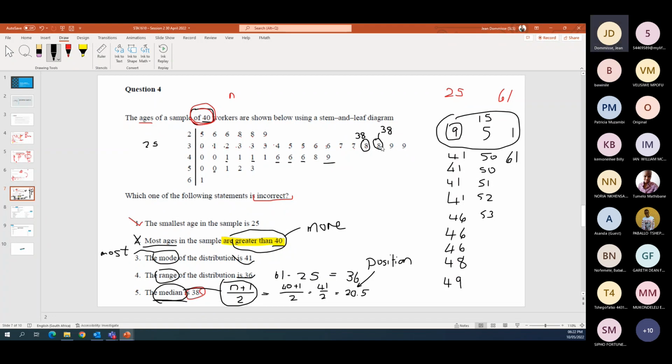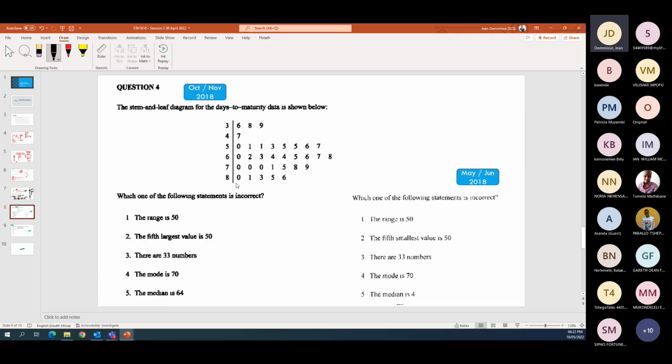Yes. Okay, awesome. What is very interesting about the next two slides is that this was a question in the 2018 exam, when it was still a semester subject.